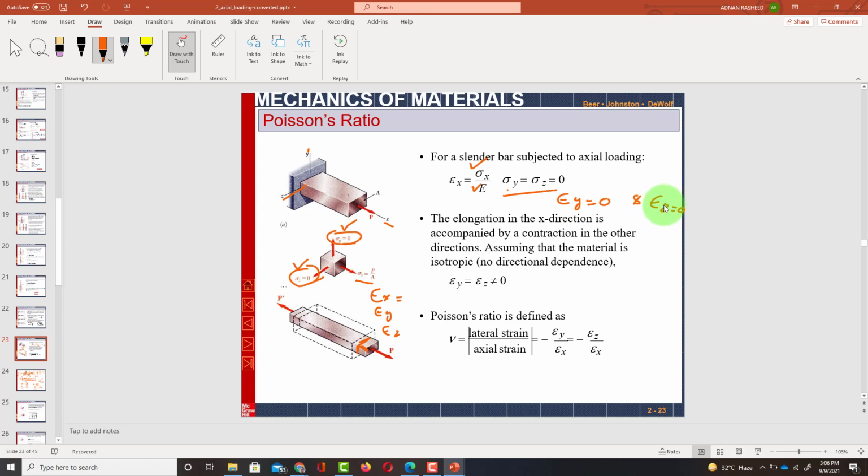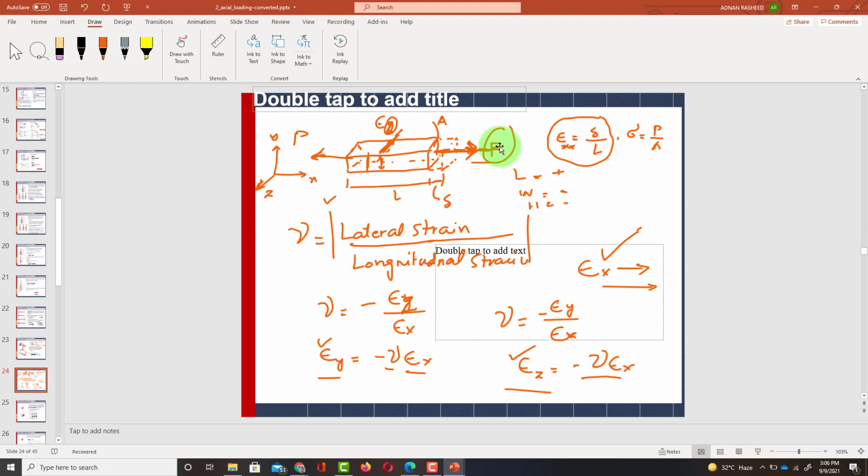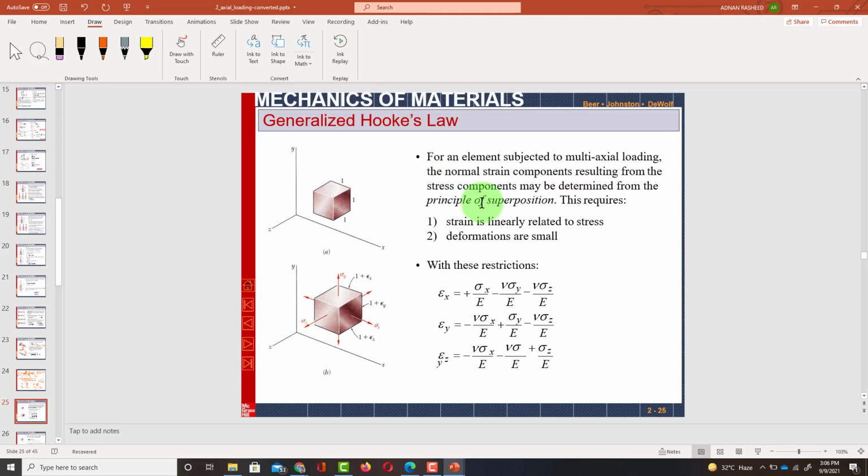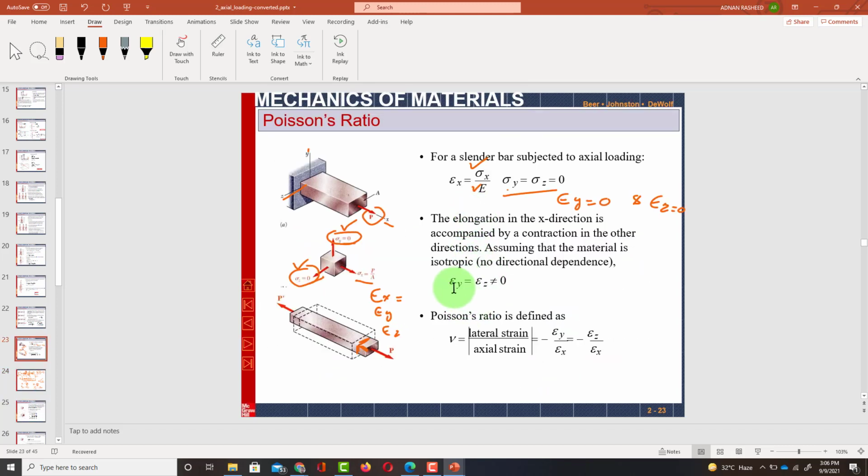No, because of this single load along x direction, as I have discussed here, there will be contraction in y and z direction, and that is the strain. So epsilon y is equal to epsilon z, which is not equal to 0. And how will you calculate that?